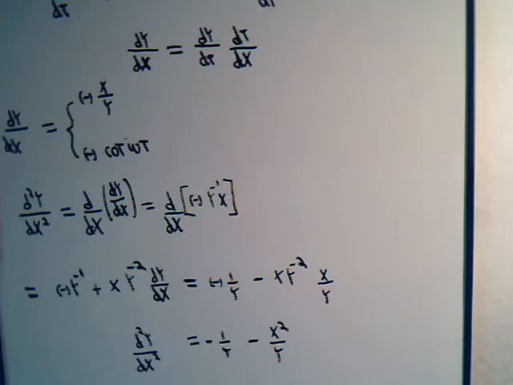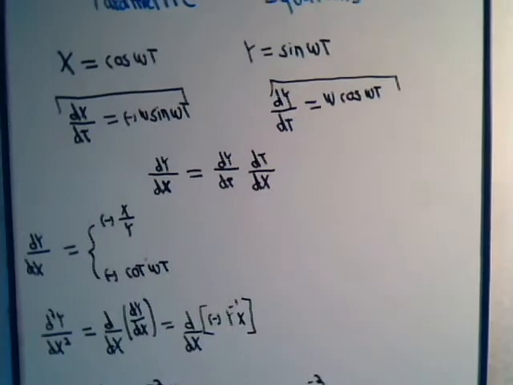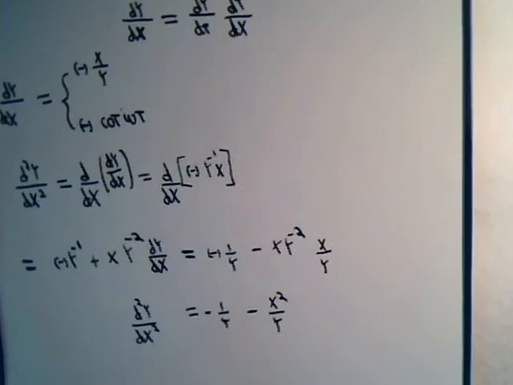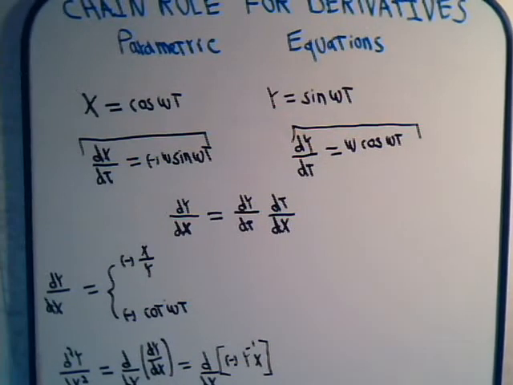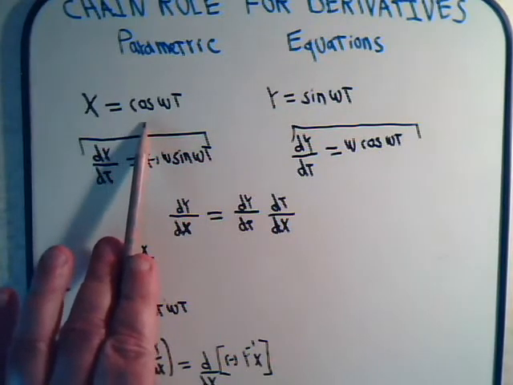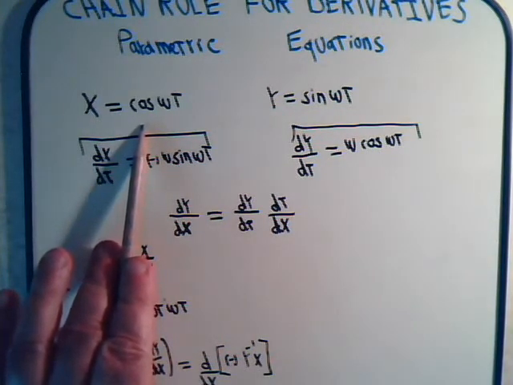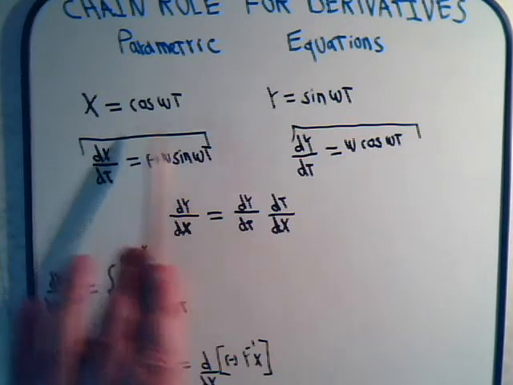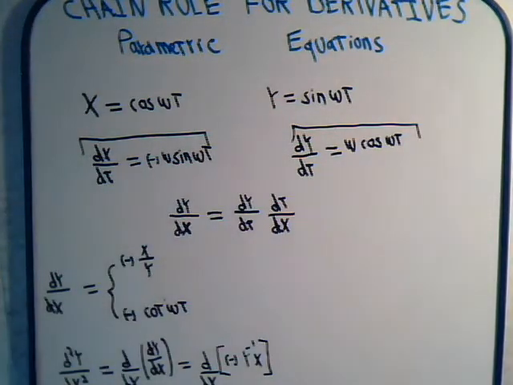We could probably manipulate this though, because let's go back to how x and y are written. x squared is what we have here. x squared is the cosine squared of omega t, and cosine squared of omega t is the same thing as 1 minus the sine squared of omega t, which is 1 minus y squared.